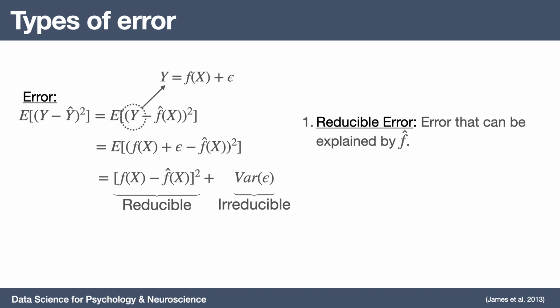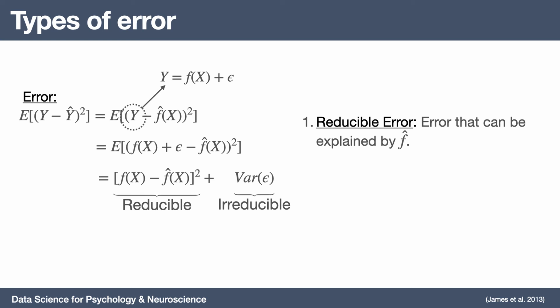This is error that you have control of in terms of your statistical model. So you can always keep figuring out better versions of f hat that minimize that error difference between the actual ideal model that generated y and the one that your data is trying to tell you explains y. You have control over this reducible error.